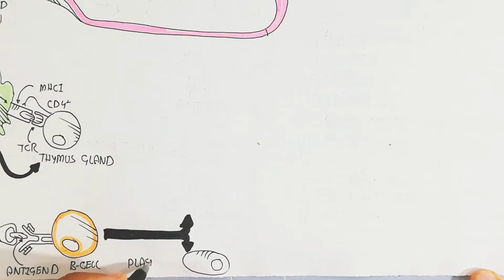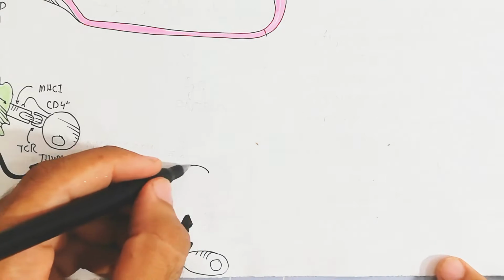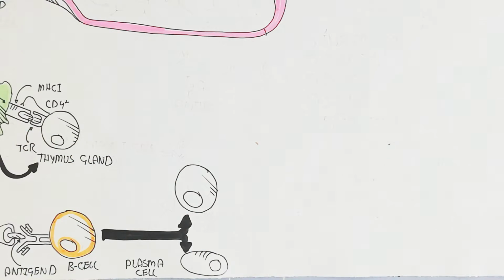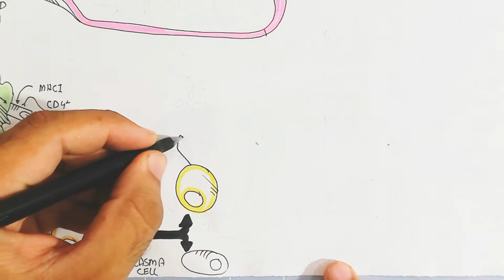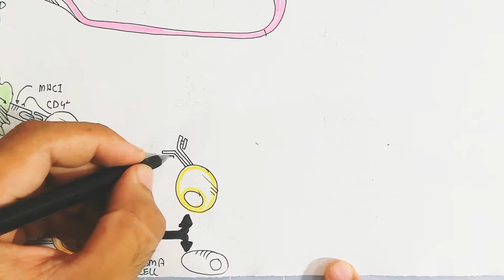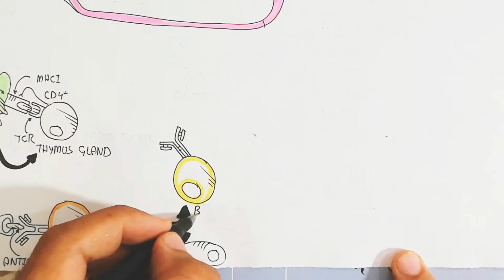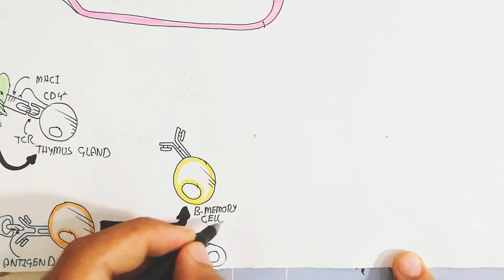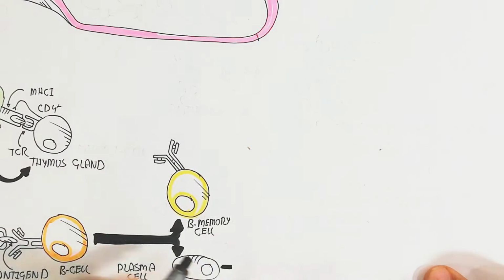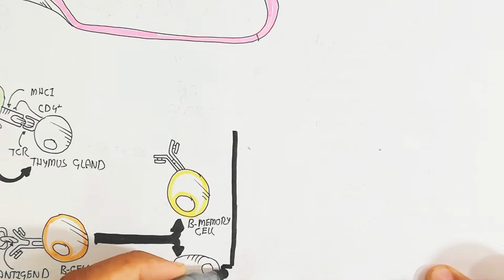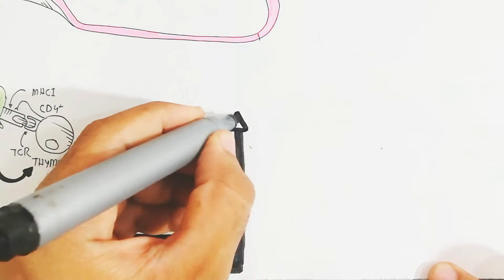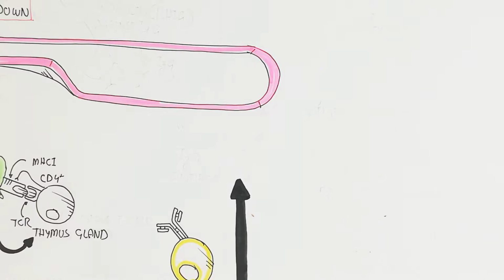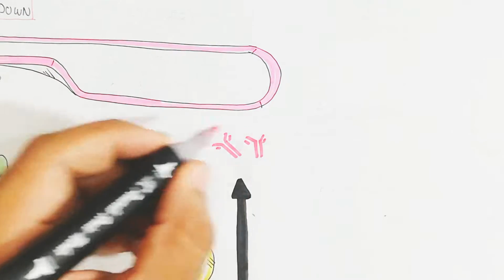Then the B cell will proliferate into the plasma cell and B memory cell. The plasma cell is used for the production of a lot of antibodies, known as IgG antibody, against the Rh positive antigen containing the D antigen. But the B memory cell will memorize, and later on it will activate again to produce the antibody when the antigen enters the blood circulatory system again.